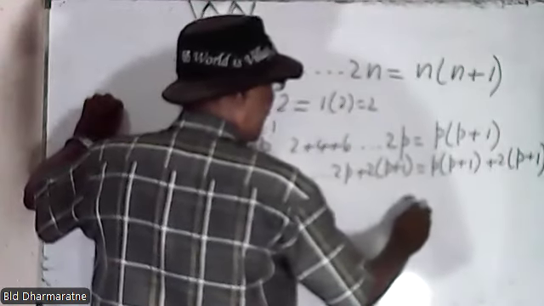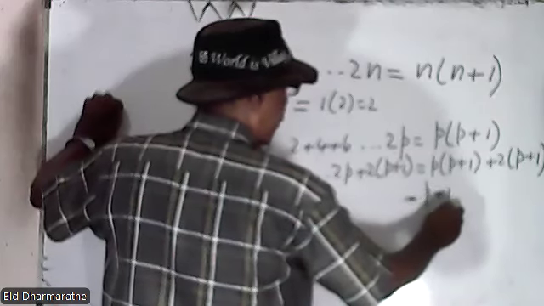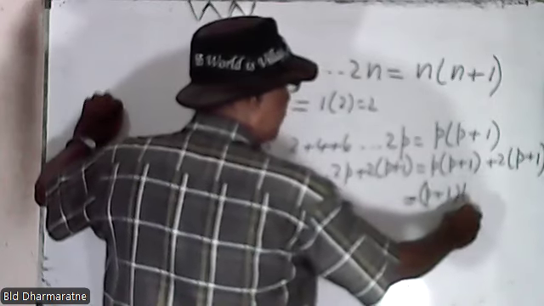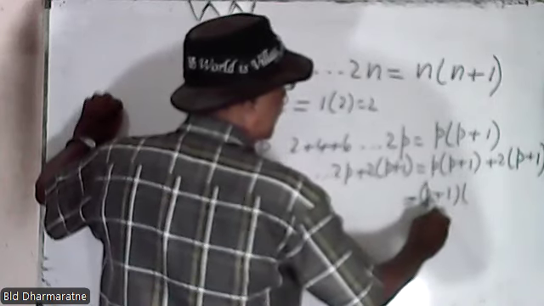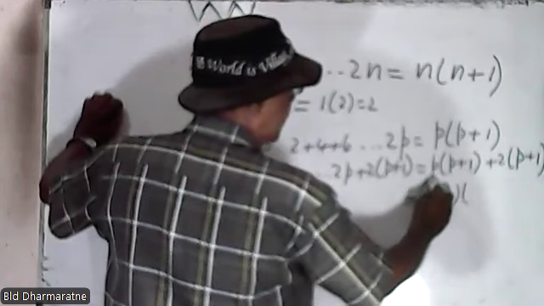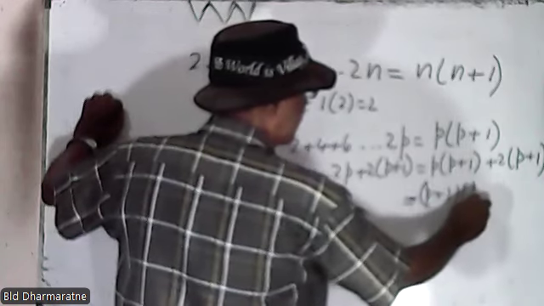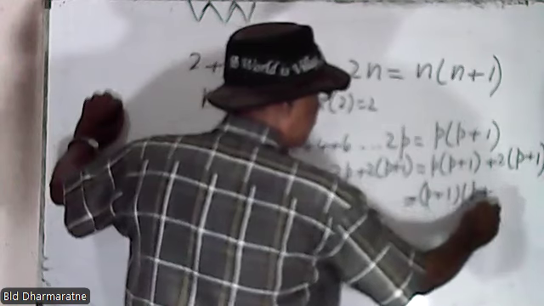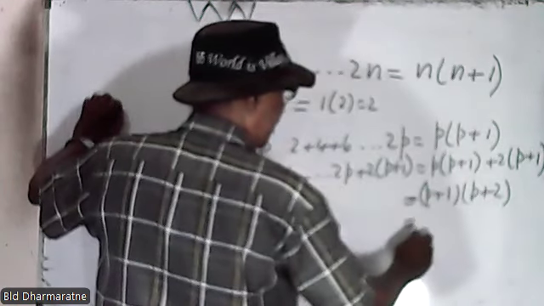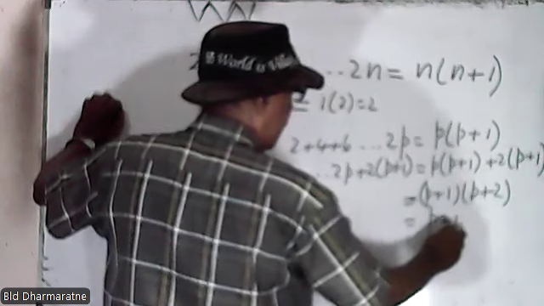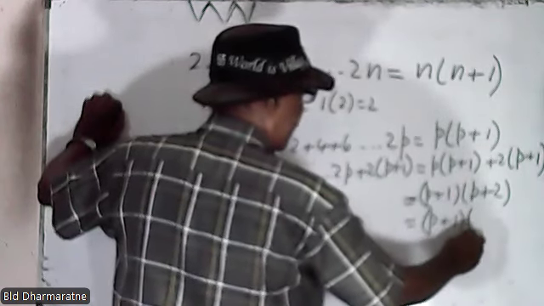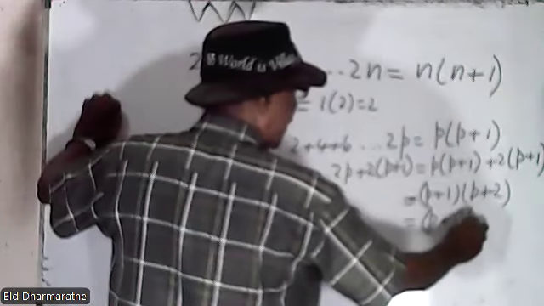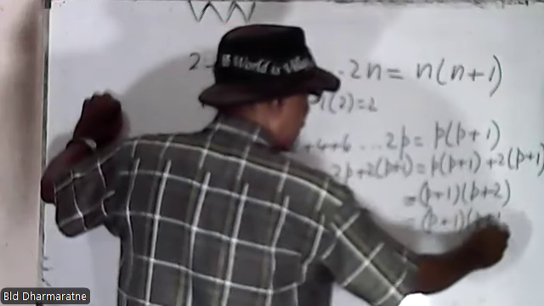Take p plus 1 out. Here I have p remaining, plus 2, so we get p plus 1 into p plus 2, which corresponds to this type of formula, p plus 1 times p plus 1 plus 1.